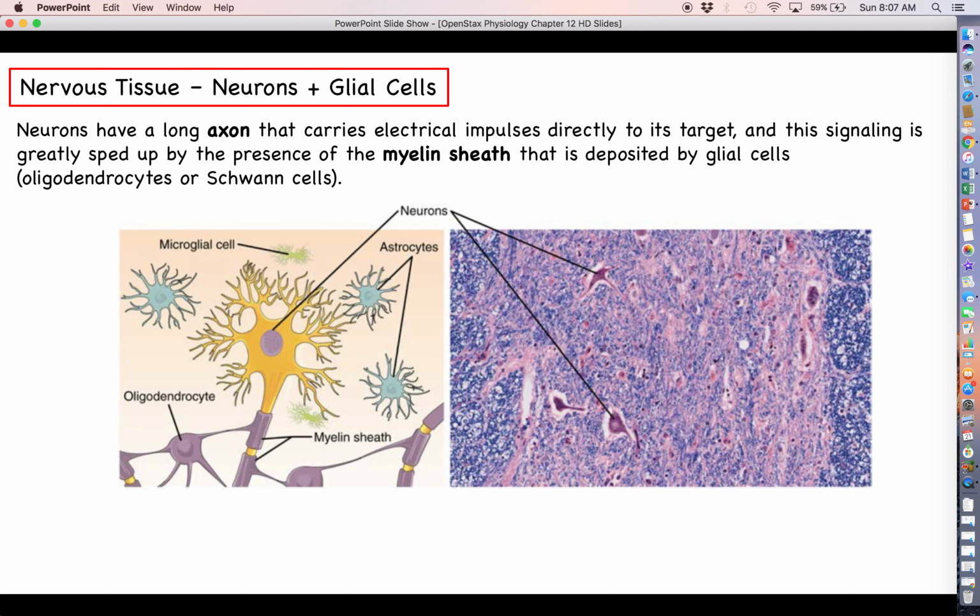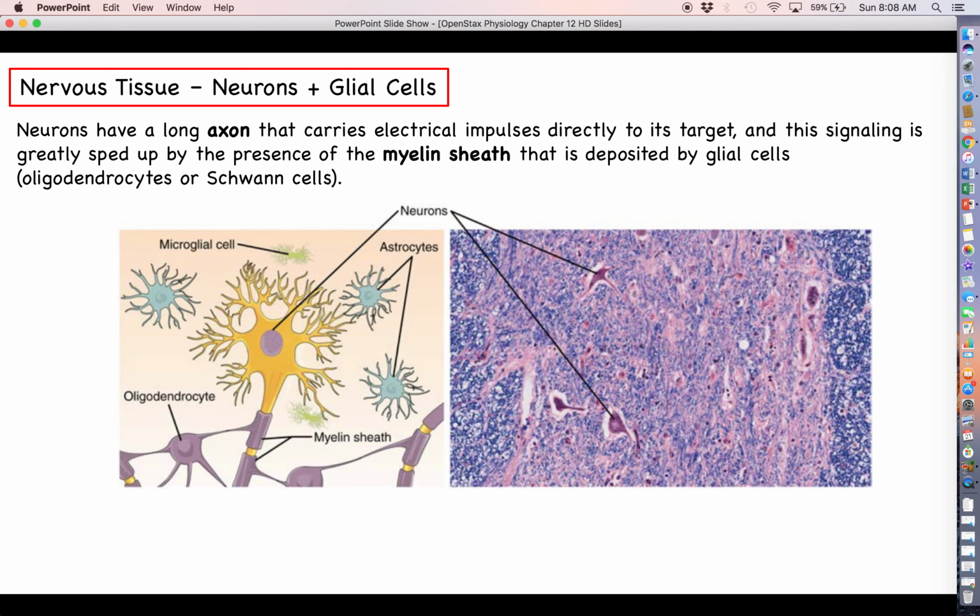Now, another thing to see here, and this will serve as a nice preamble to our discussion on glial cells, you'll notice in this picture that the axon is surrounded by this purple substance. Now, it's not actually purple, it's just been colorized purple here to make it easier to see. This purple stuff is called the myelin sheath.